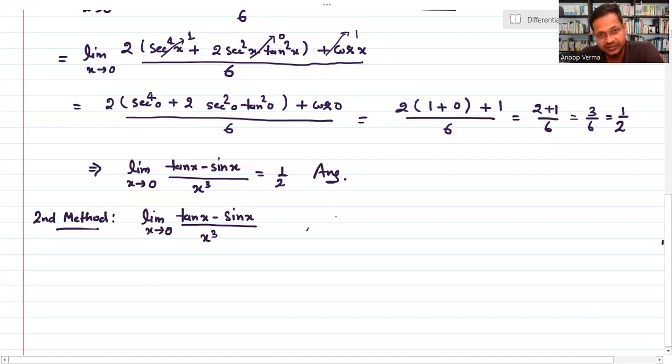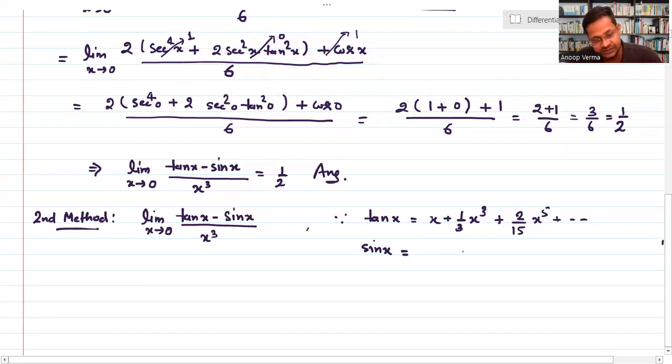Tan x is equal to x plus 1 upon 3 x cube plus 2 upon 15 x power 5 and so on. This is the expansion of tan x. And the expansion of sin x is x minus 1 upon factorial 3 x cube plus 1 upon factorial 5 x power 5 and so on. Okay, so now you can use these expansions here.